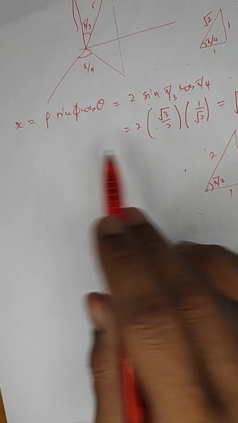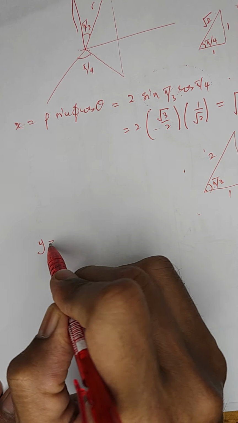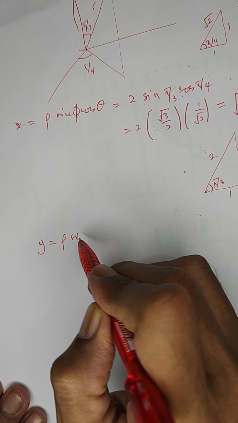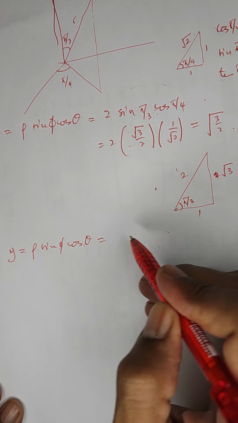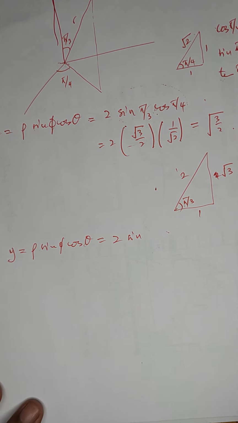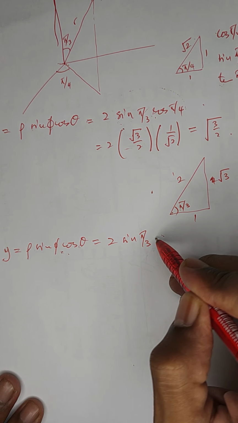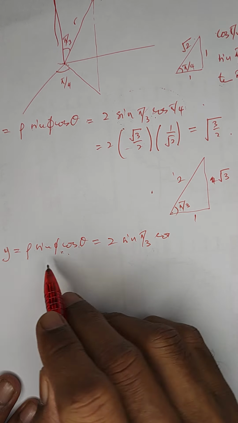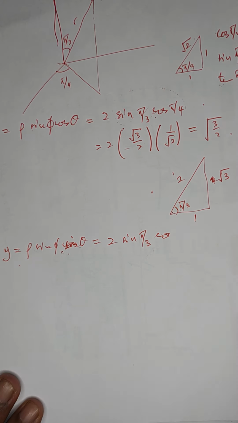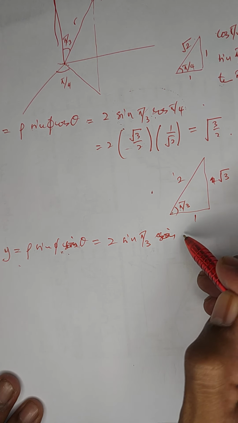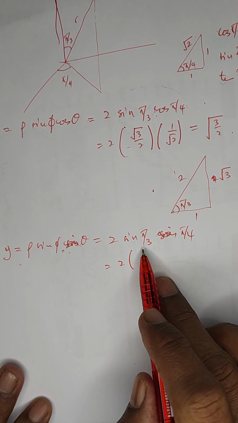Alright, we have x, then you can find y as well. y is rho sine phi sine theta, that gives you 2 sine pi over 3 times sine pi over 4.